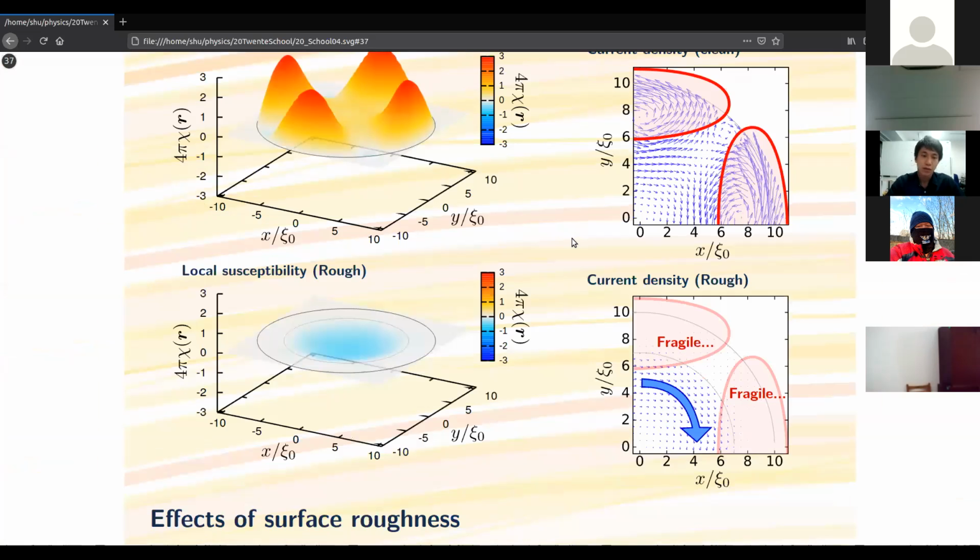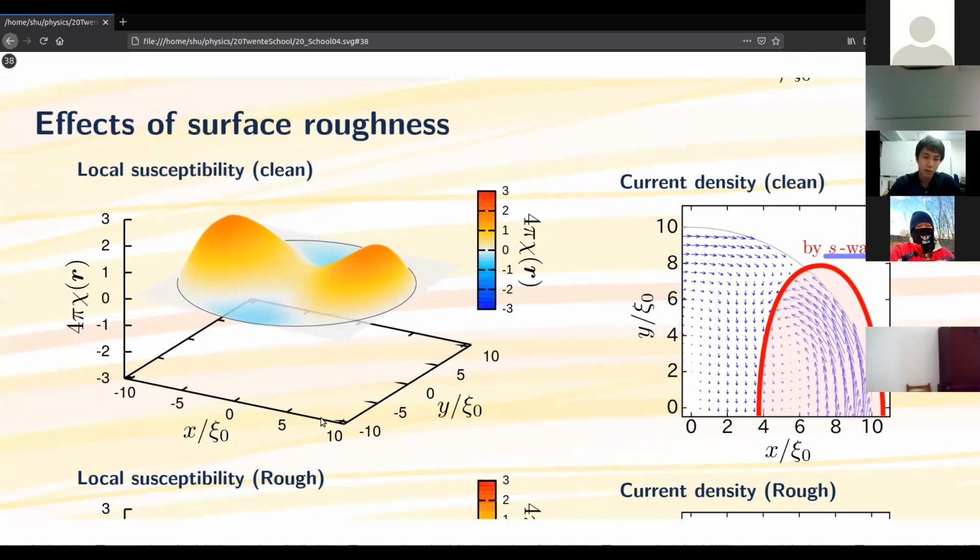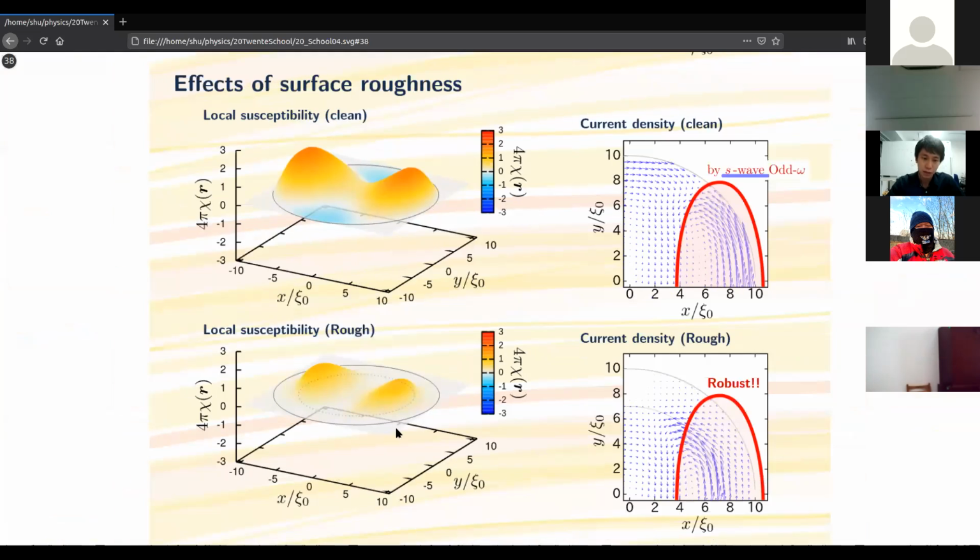We can carry out the same simulation for spin triplet P-wave superconductors. And this is the local susceptibility in the clean limit. In this case, the supercurrent is carried by the S-wave odd frequency pairs. Then if we introduce the surface roughness, surprisingly, the paramagnetic response still survives, still present.